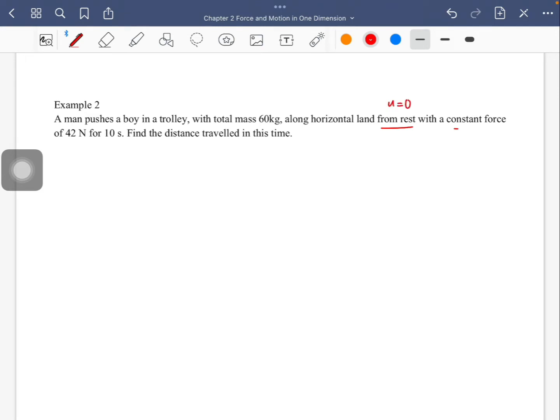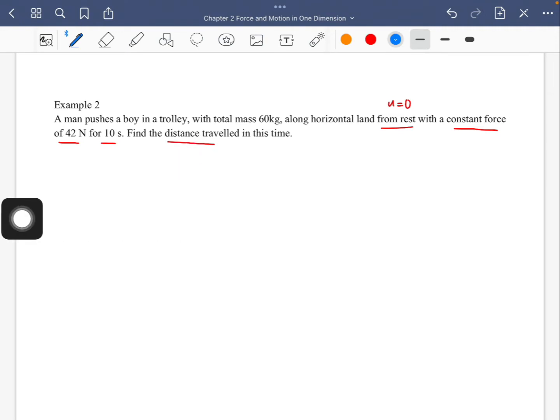With a constant force of 42 Newton for 10 seconds we want to find the distance traveled. So how to find the distance traveled here? As we want to find the distance, we need to apply the Suvat equations that we learned in chapter 1. But before that, in applying the Suvat equations, we need to list all the values related to the equations we need to use.